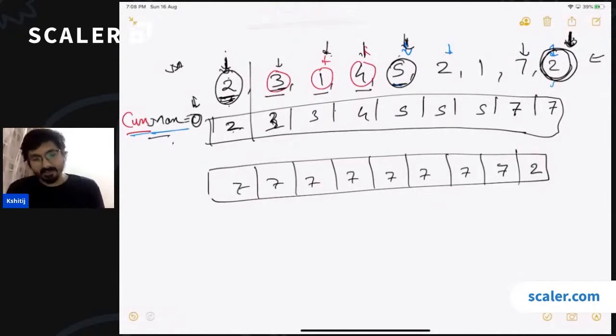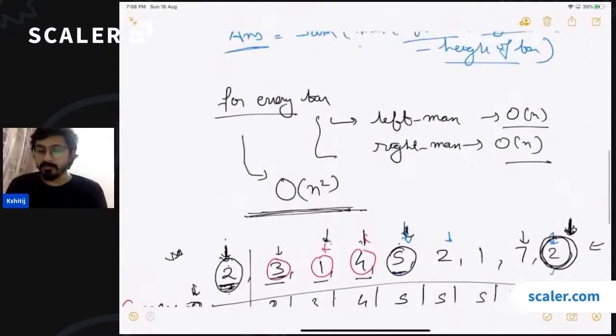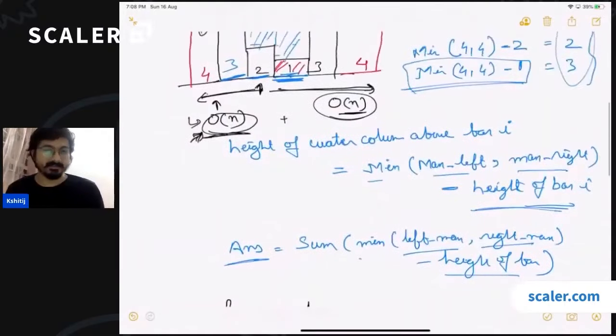The observation is that we don't need to run this order n loop for each and every index, because when you are calculating the left max for the rightmost element and the right max for the leftmost element, you are essentially calculating each and every value which is required in this calculation.